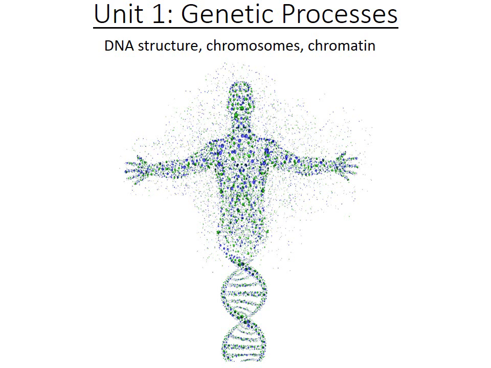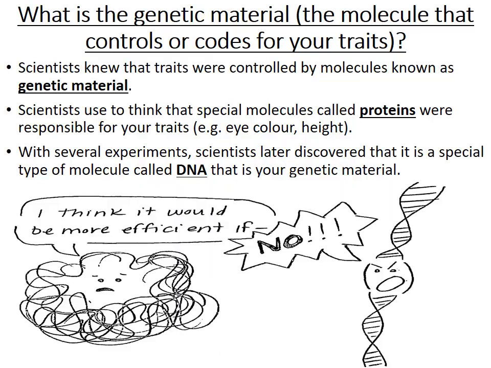So now we're going to talk about DNA structure in a bit more detail and relate that to chromosomes, chromatin, and genes. Those traits that are passed on from generation to generation, they're passed on because there's codes in your genetic material. Your genetic material is a big molecule called DNA.